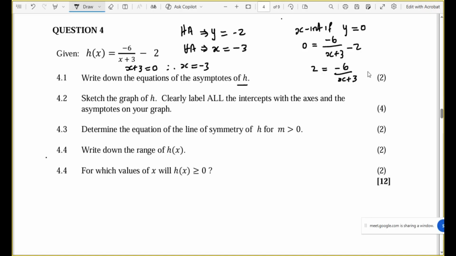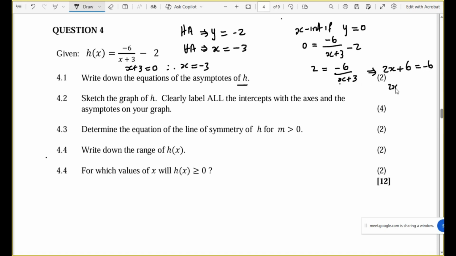I need to multiply both sides by x plus 3, which gives us 2 times x plus 3 equals minus 6. I just multiply everything by x plus 3. 2 times x, that's 2x. 2 times 3, that's 6. Equate this to minus 6.